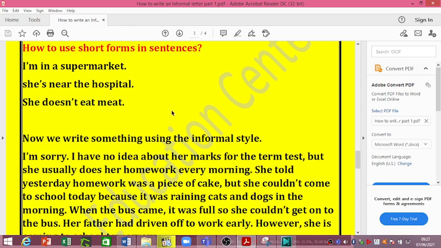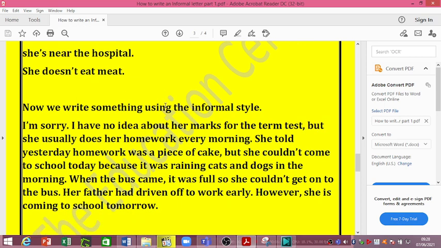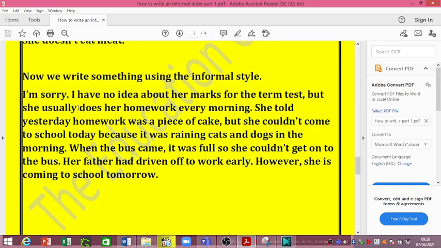Now, when you write sentences, if you apply one of these methods, everyday vocabulary, collocations and idioms, phrasal verbs or short forms, your sentence becomes an informal style sentence. Yes, for example, we write something using informal style. Look at this paragraph. I am sorry, I have no idea about her marks for the term test, but she usually does her homework every morning.